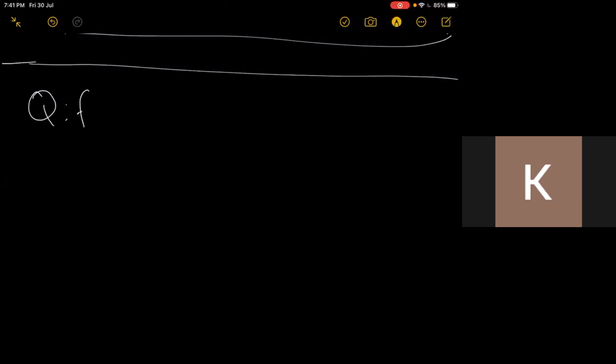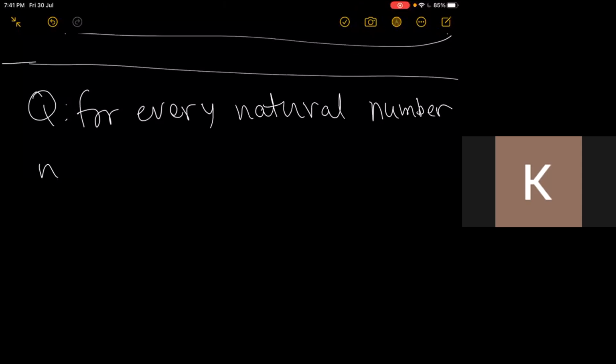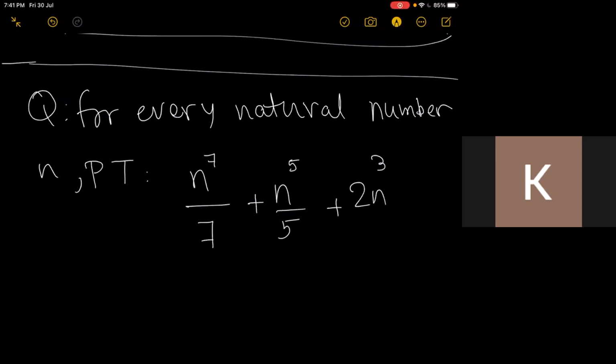So this question: for every natural number n, prove that n to the power 7 by 7 plus n to the power 5 by 5 plus 2n cube by 3 minus n by 105 is an integer.